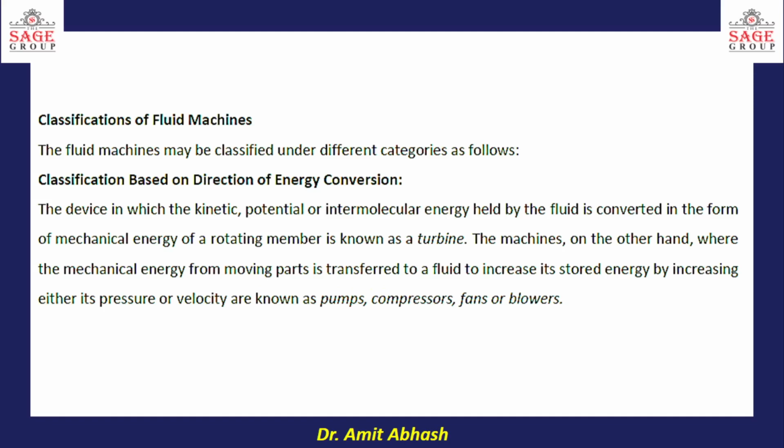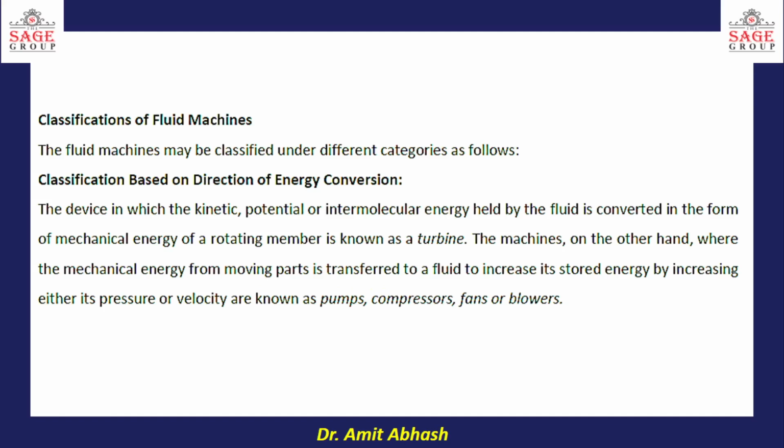These are the basic differences you should know. If you have gone through thermodynamics in the previous semester, in the PV diagram, if the direction is clockwise, then definitely it is a work producing device. If the direction is counterclockwise, definitely it is a work consuming device. So this is the bifurcation.